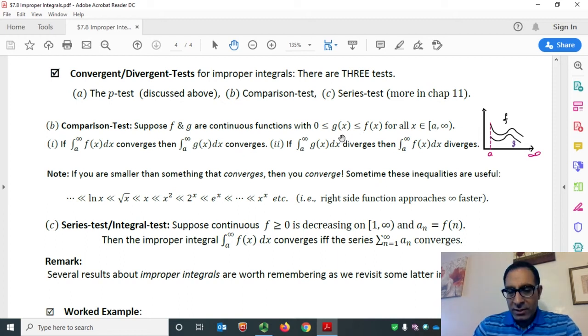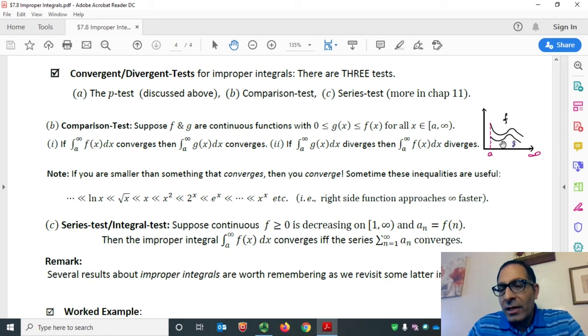So that means on this inequality, if the bigger function converges, then the smaller function converges. The other way, if the lower function diverges, then the bigger function diverges. And that's true if you focus on this area bounded by the g function and bounded by the f function.